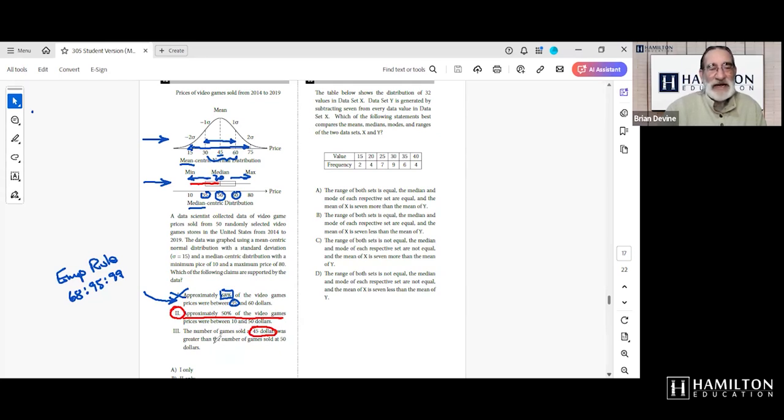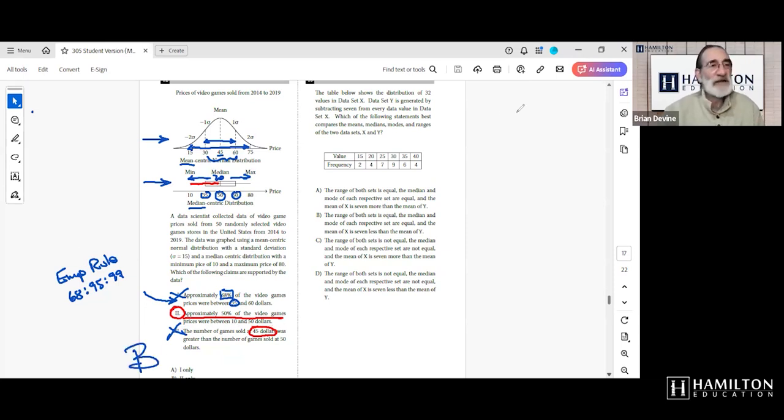But the number of games would have been more inferred by the box and whisker plot, which says that the number of games above 50 was equal to the number of games below 50. So we can't say 3 is true. So the only thing we can say is true is 2. And so that would be B as the correct answer.